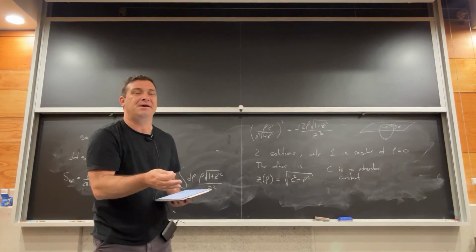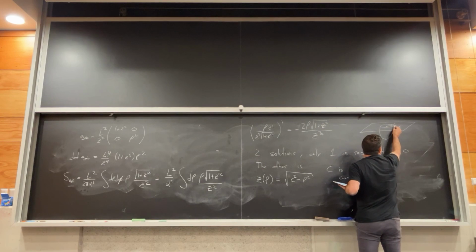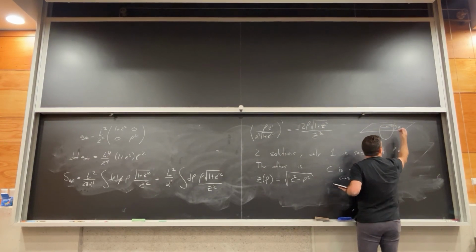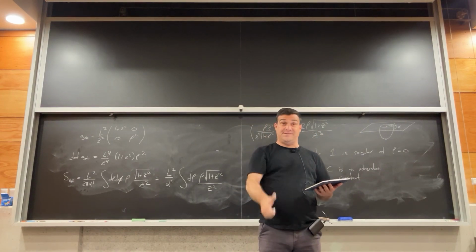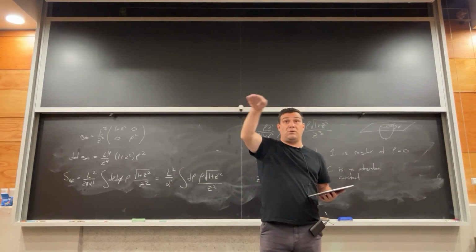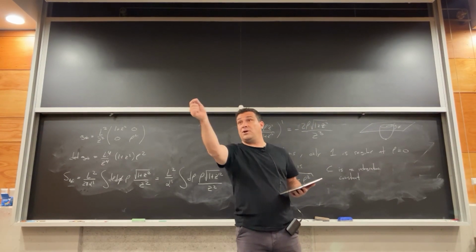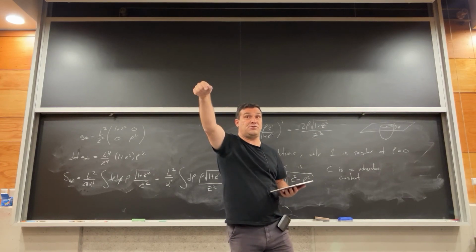Well, precisely, you want rho to be equal to the radius of the circle when the surface reaches the boundary. Does that make sense? So this direction is z. And this guy is z equals 0. Well, when z equals 0, the radial coordinate, the surface, is at the circle. It pinches the circle.